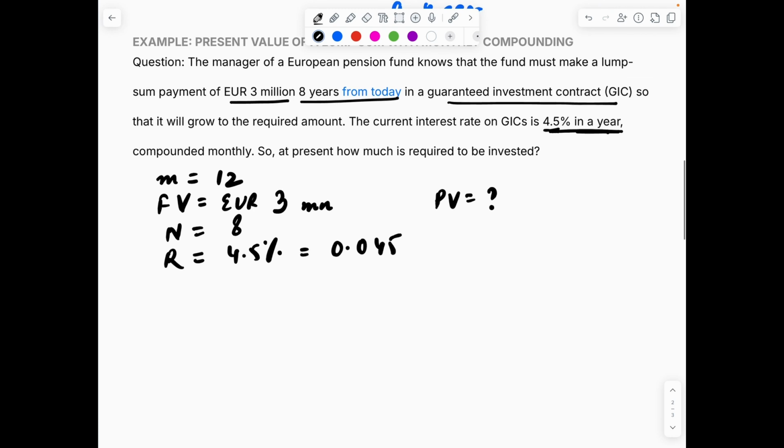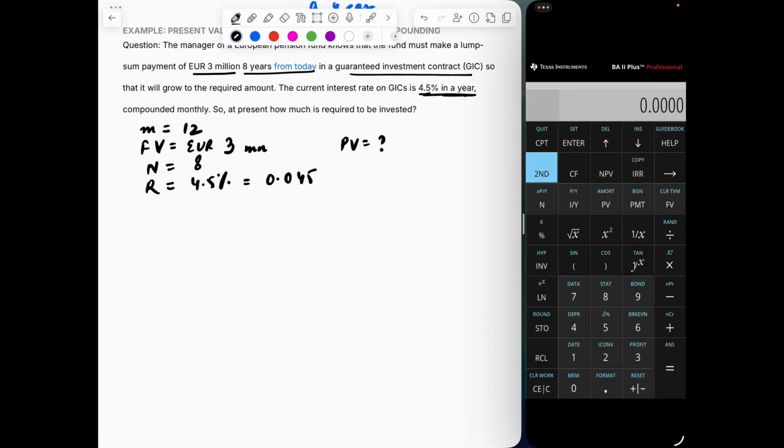You are asked the present value. So I'll just bring out my calculator. Financial calculator is ready. So we just need to plug in the values into our formula. What was the formula for non-annual compounding? Future value is equal to present value into (1 plus R divided by M) to the power MN.